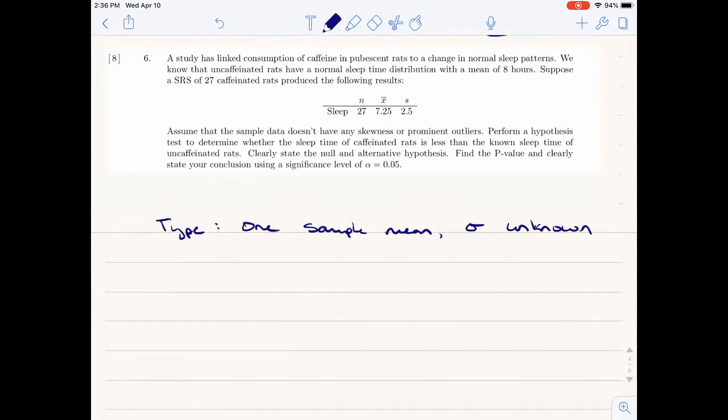No mention of a confidence interval, and it looks like, yeah, perform a hypothesis test. So we have to do a full-blown hypothesis test.